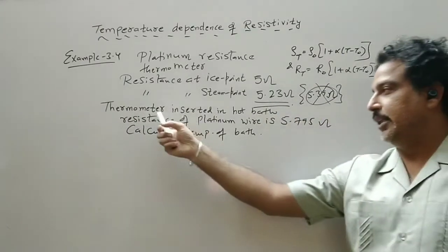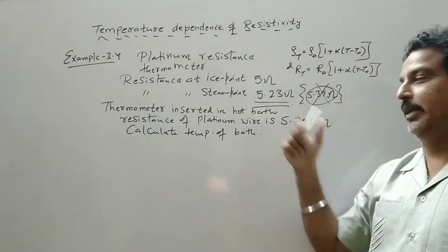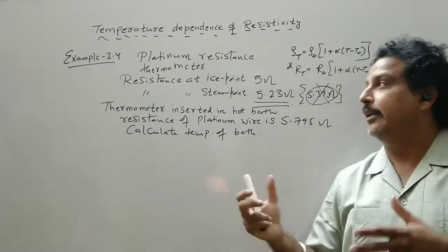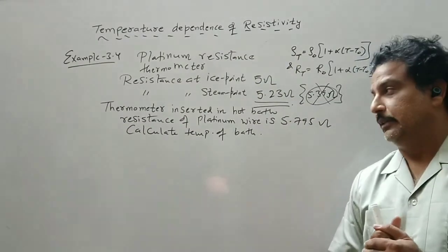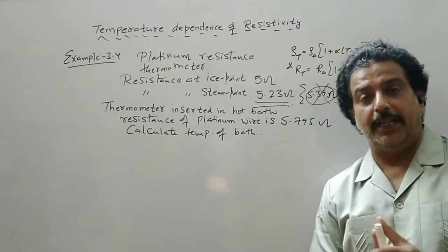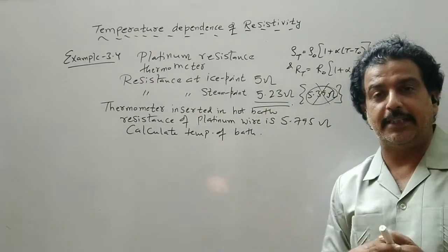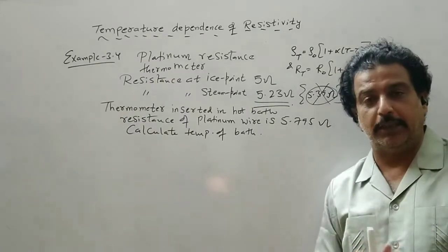Now the thermometer is inserted in a hot bath. Hot bath means where the temperature is changing, where the platinum thermometer is placed. So we have an arrangement or a container in which a thermometer is kept in some appropriate fluid, or say water. Let us take water for simplicity.